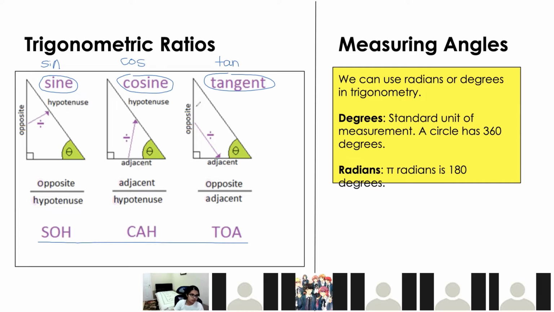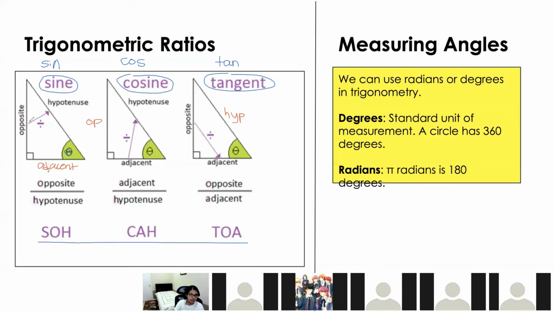Okay, so say we're looking at this angle, and let's call it theta. So then the sine of theta would be, okay, let's just label this adjacent here, adjacent, and opposite, and hypotenuse.